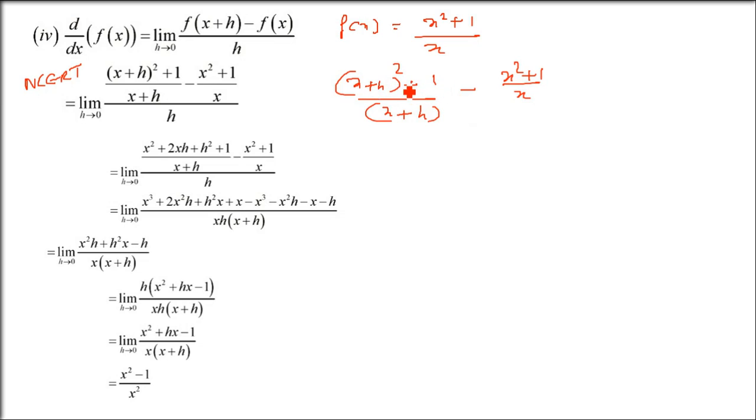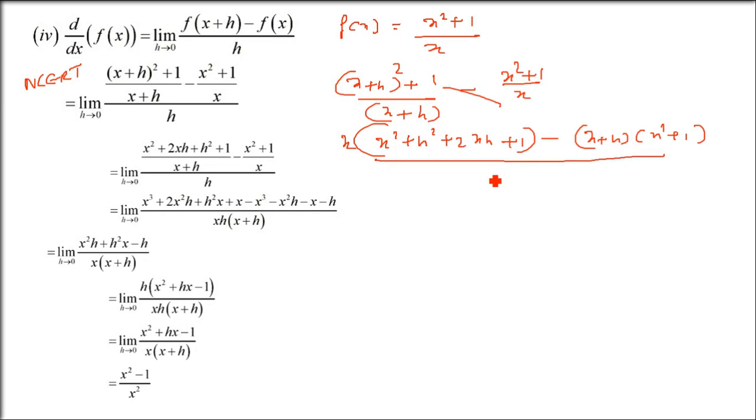Now the best thing is to open this (x plus h) whole square. Apply the a square plus b square plus 2ab formula: x square plus h square plus 2hx, and then you have plus 1 also. Now I am multiplying it, so taking the LCM, minus (x square plus 1) into (x plus h). So we will have to multiply this x square plus 1 and x plus h also.